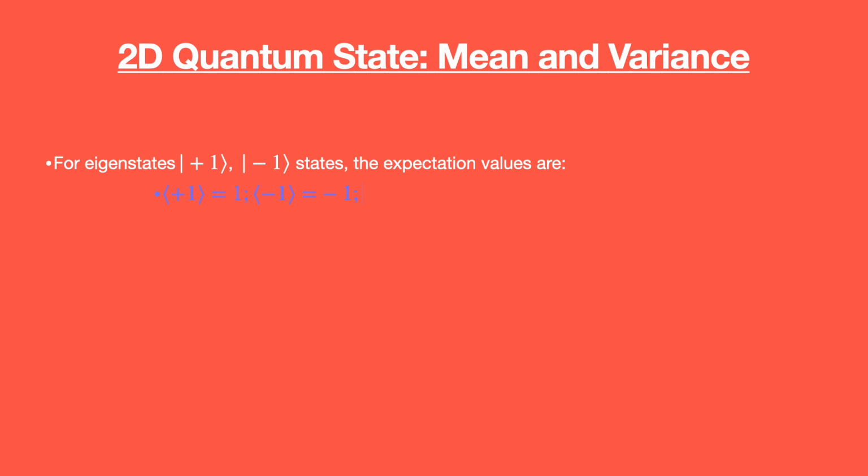But the more interesting part is calculating the variances of these different states. And I encourage you to watch the video on introduction to probability, the mean and the variance, and how you actually compute it.